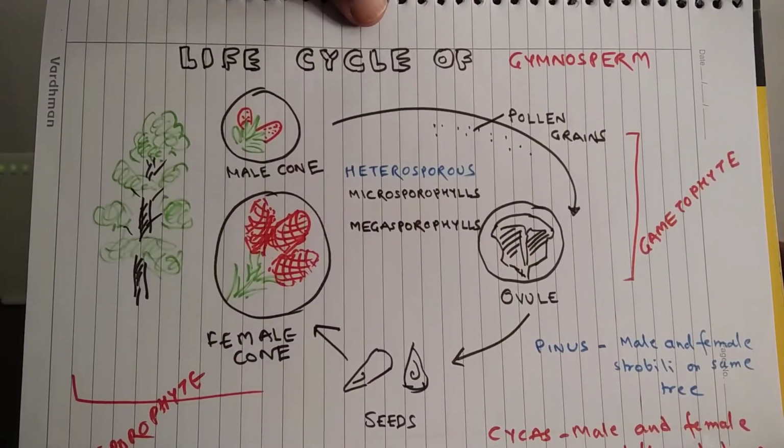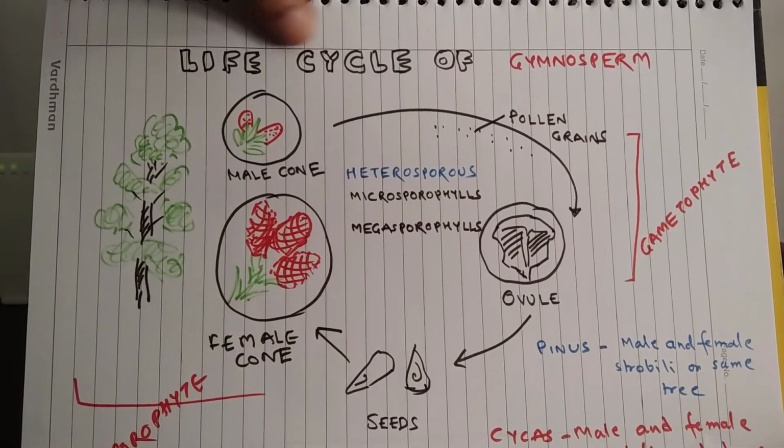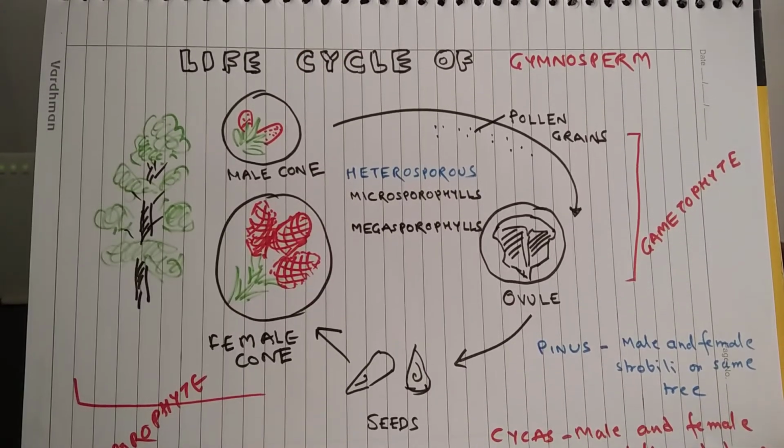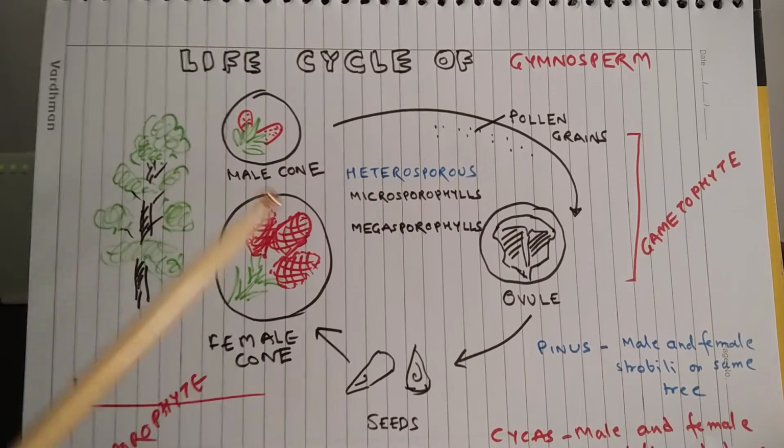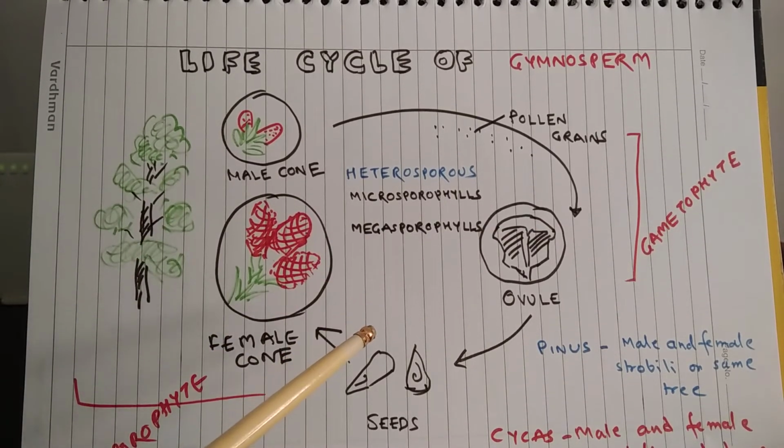Now, let us try to understand about life cycle of gymnosperm. The life cycle of gymnosperm has two phases, sporophyte phase and gametophyte phase, but unlike earlier groups, the sporophyte phase is the dominant phase and gametophyte phase is not independent.